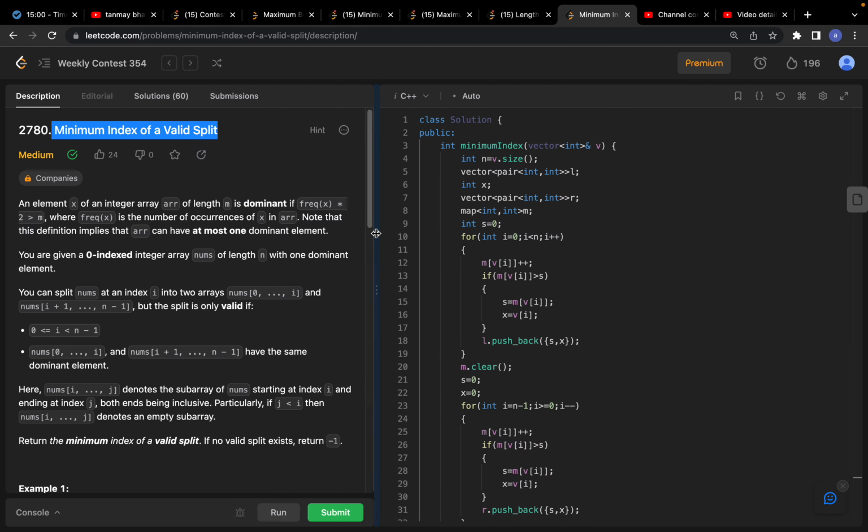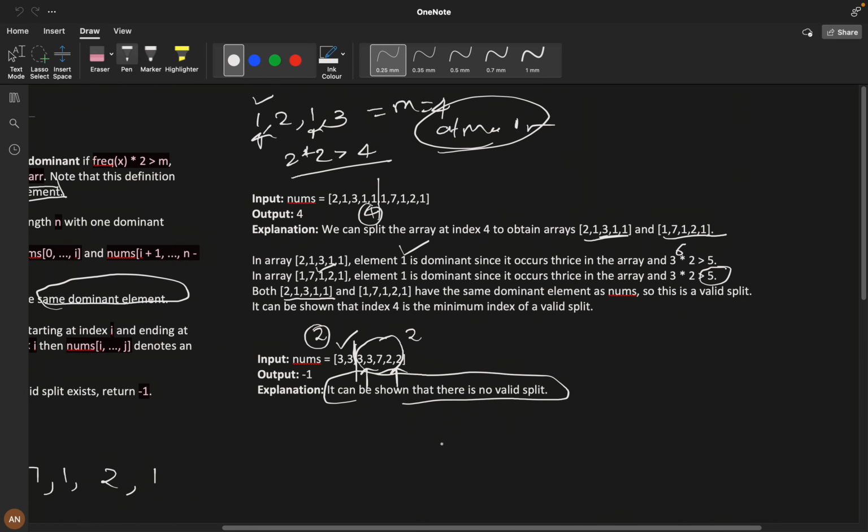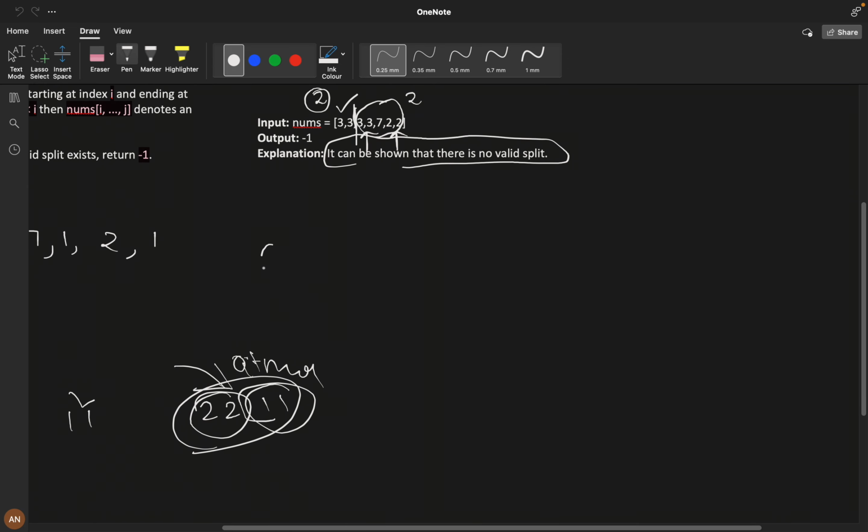So let's understand this with the code. So it will be easy. Here given vector int nums, and we have pair of int comma int, left boundary and I am taking right boundary. What I am doing is I am calculating the frequency from the left side and from the right side.